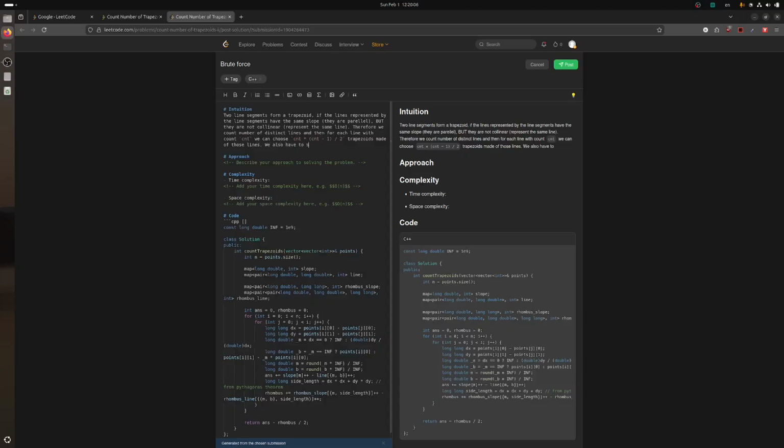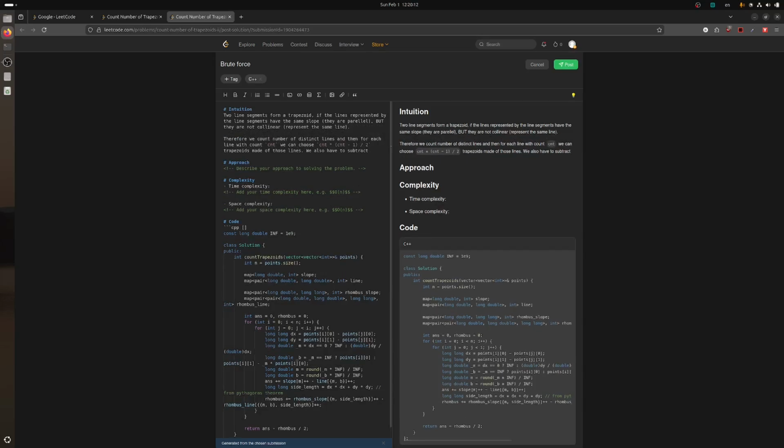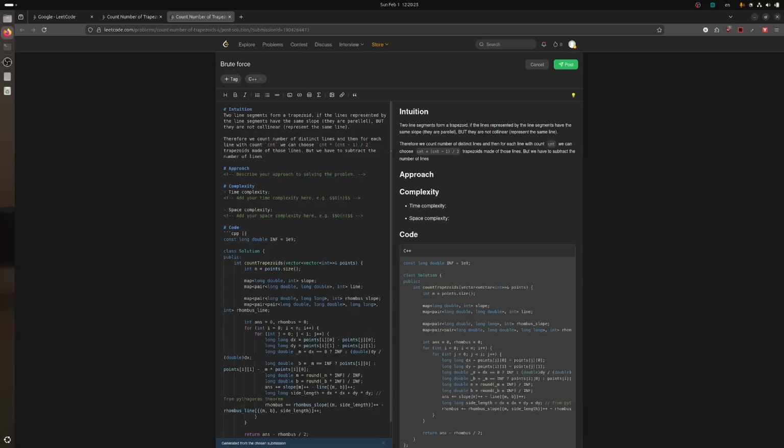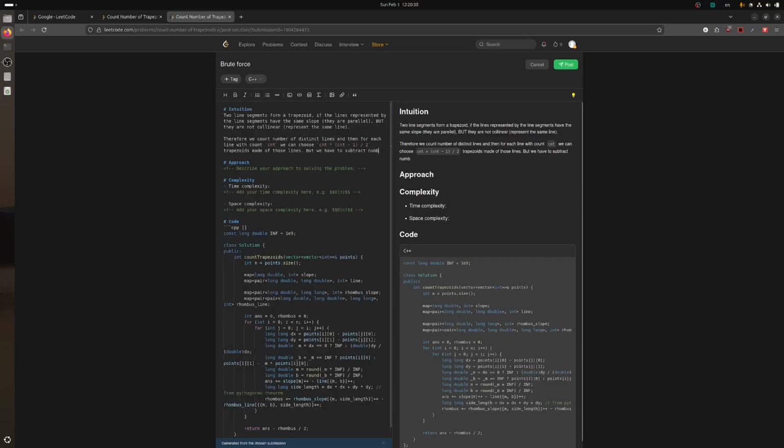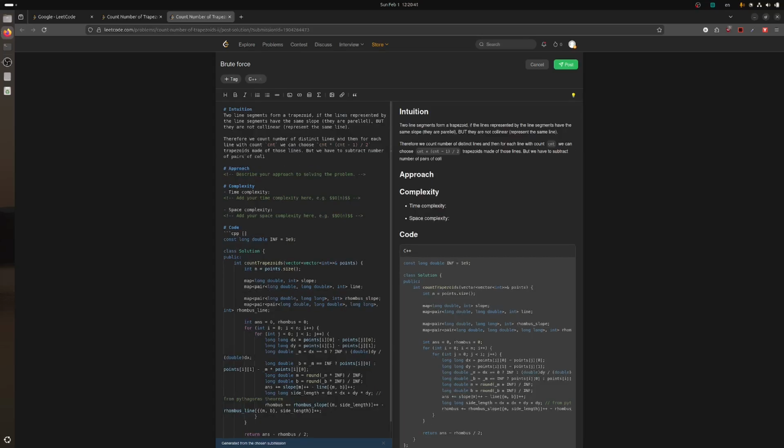But we have to subtract the number of pairs of collinear lines for each distinct line.